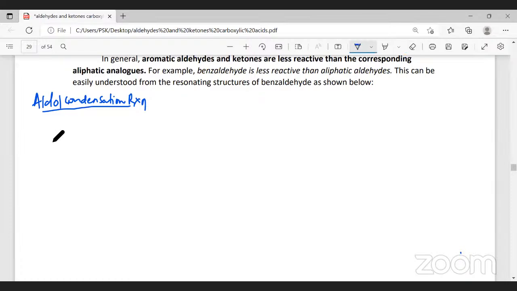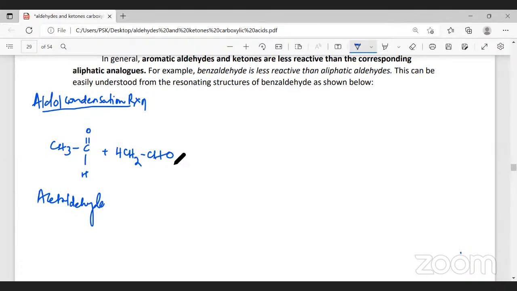Now, for an example, this is acetaldehyde, C double bond O and H, CH3CHO. This is also an acetaldehyde representation, CH3CHO, both are acetaldehyde.